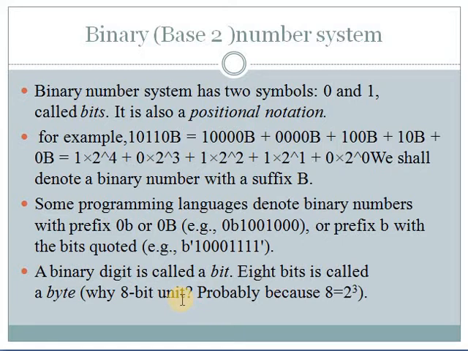So a single 0 is a bit, or a single 1 is a bit. 8 bits together we call a byte. Why is 8 bits a unit? Probably because 2 to the power 3 is equal to 8. Already in the second slide itself I have explained.